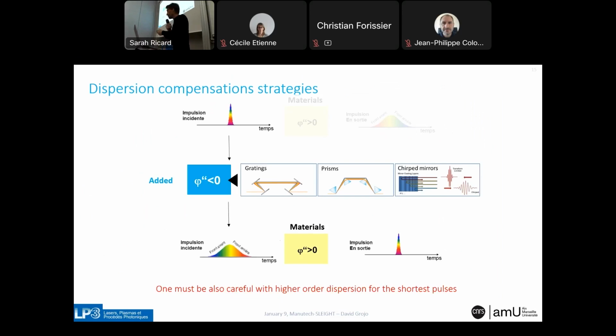And so when this pulse propagates through a positive GVD material, it will recompress the pulse by itself. So that's a technique. If you prepare your pulse with negative GVD, you can deliver, where you want to perform the experiment, the shortest pulse duration you can obtain with a given laser.